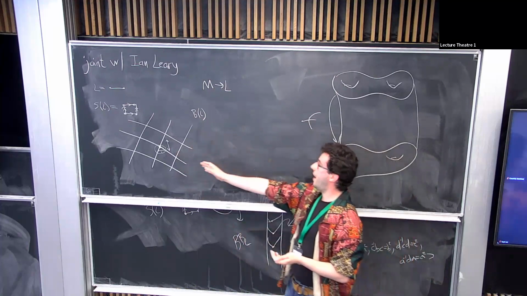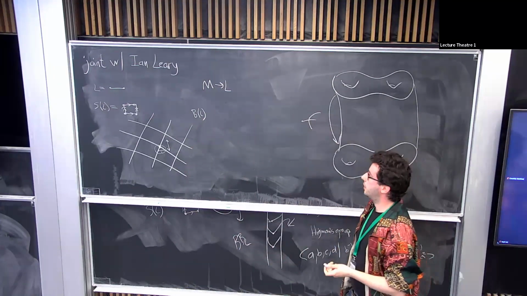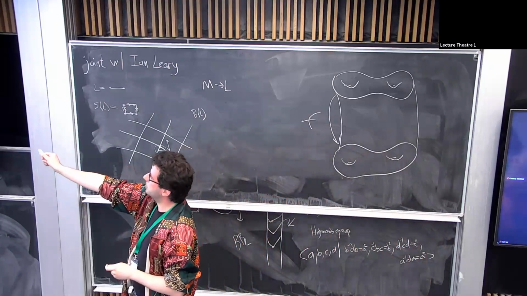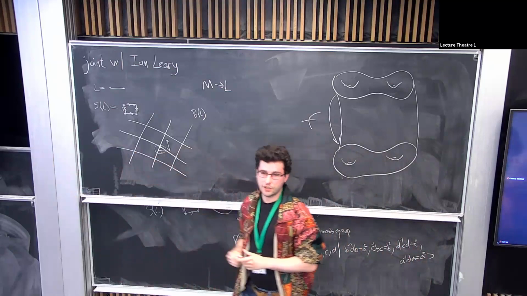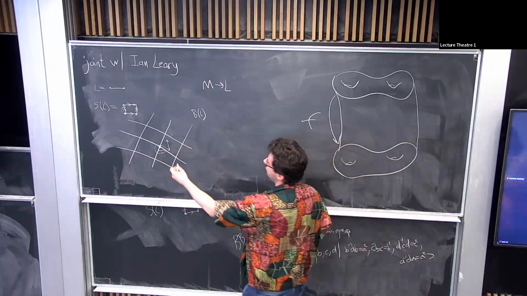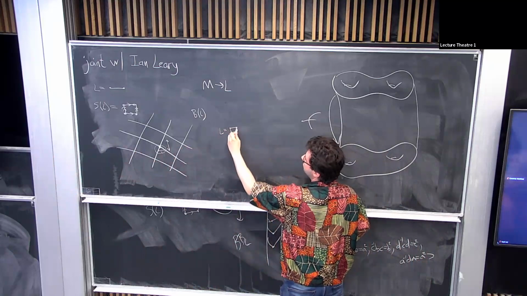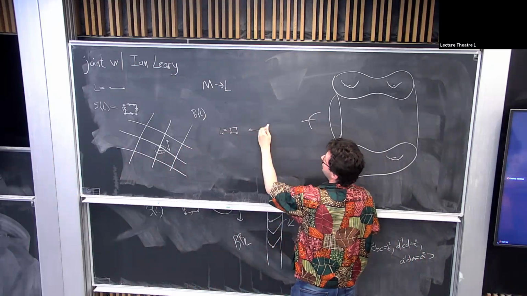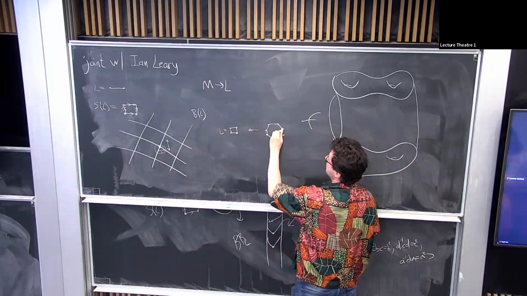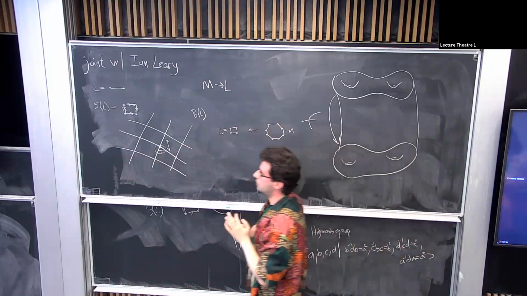And then how we do the branching is determined by this cover M to L. So in this example here, it's a cover of a square by an octagon. And so this will be a twofold cover. And so, for example, if your L was a square, one possible cover this could have is by the octagon. Okay, and then that gives you some big complex.